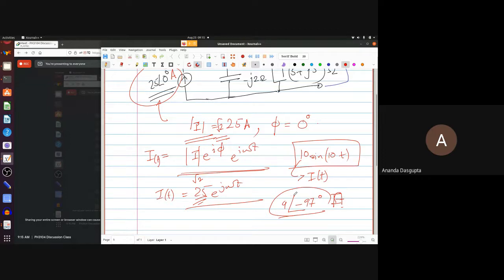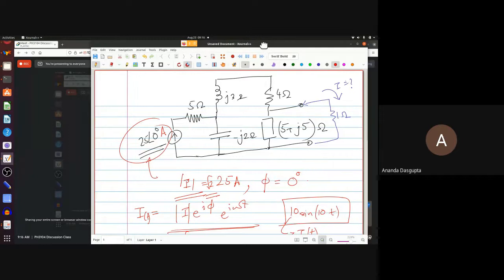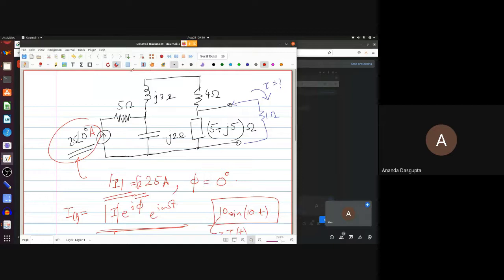But when you do that, if you want to write the actual current flowing is this, then you have to remember that there's an extra root 2. Okay, any questions about this? Fine. So if everybody understands this, then we can move on.